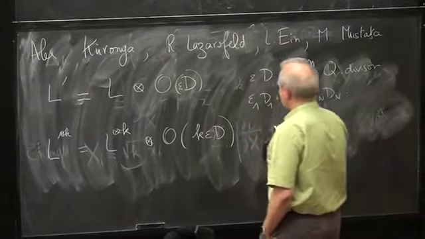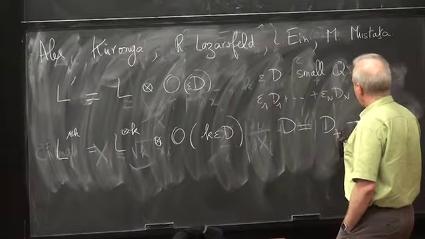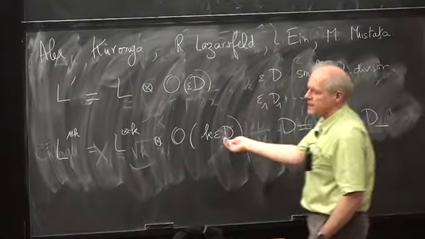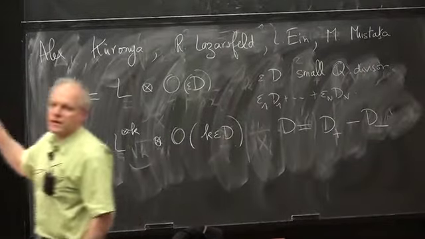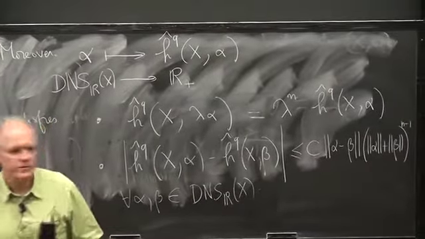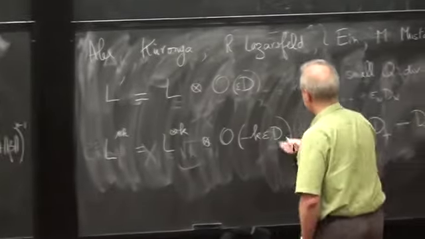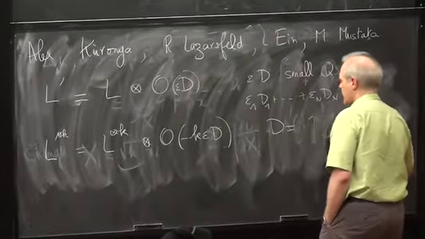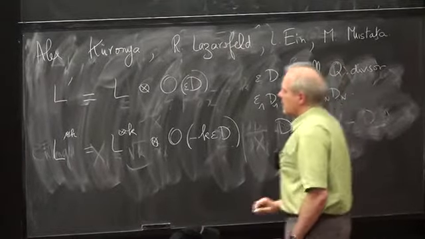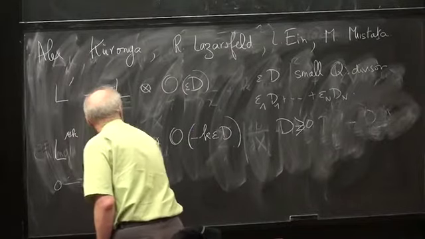Then you can take the positive part and the negative part, and by comparing, you can assume that the divisor is either positive or negative. Consider the negative case, so D now is positive. Then, of course, you have an exact sequence.